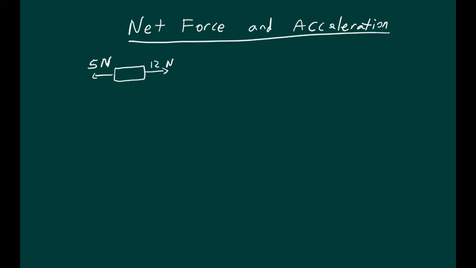All right, let's look at this quick little example here. So you have an object being pushed to the right with 12 newtons and pulled to the left with 5 newtons. We want to find the net force and the acceleration. Well, our net force, we're going to say 12 newtons positive plus a negative 5 newtons to the left. And that gives us 7 newtons to the right.